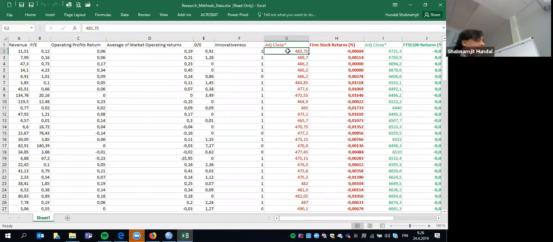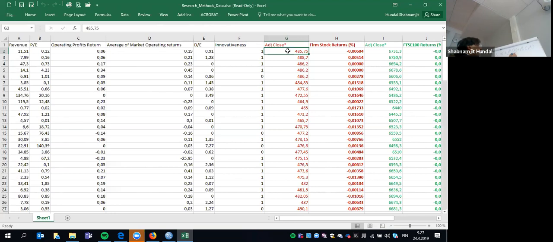So it means that I can call Y equal to alpha plus beta 1, and let's call our first variable A, plus beta 2 B. Sorry, your Y variable, the dependent variable, would be the G variable. I can call it G. G is your dependent variable.